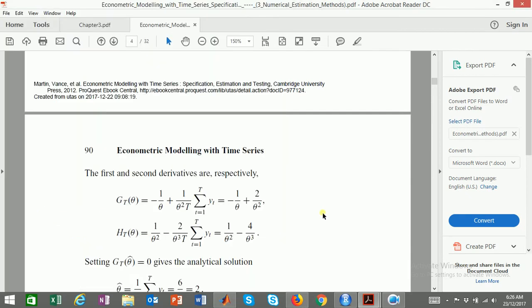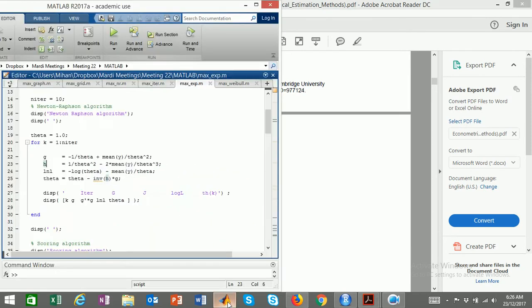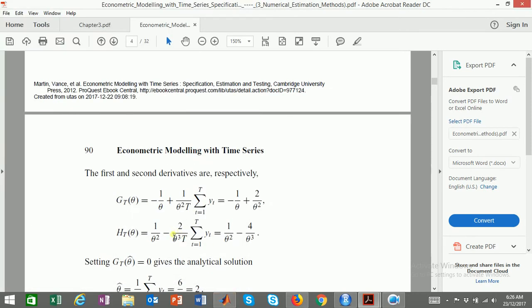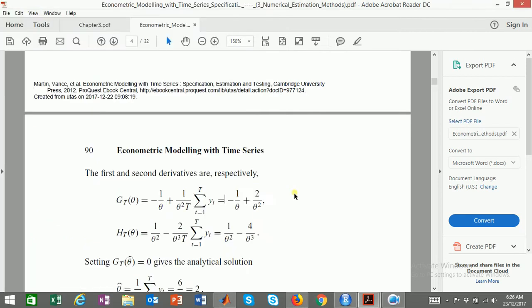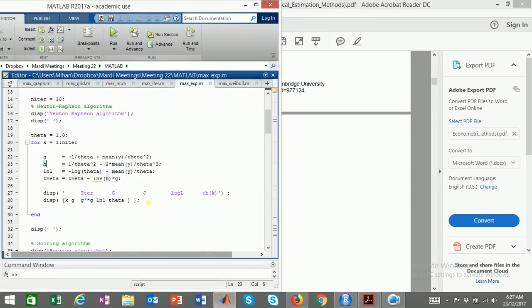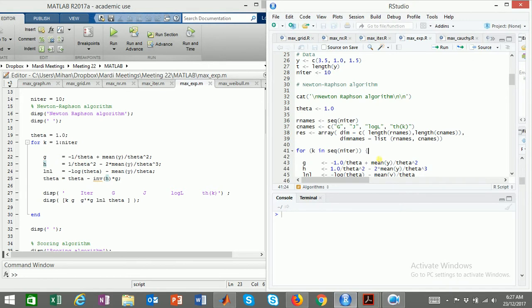Mean y divided by theta square, mean y divided by theta cube. Okay, so it's the same thing.